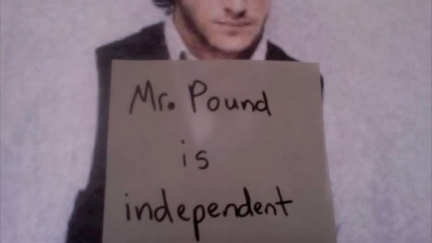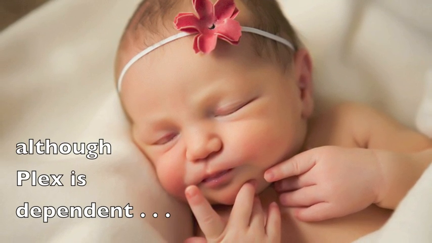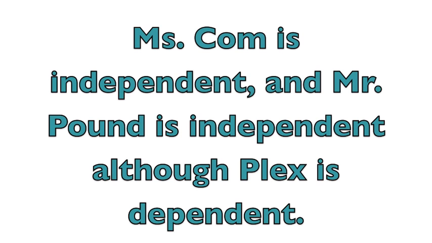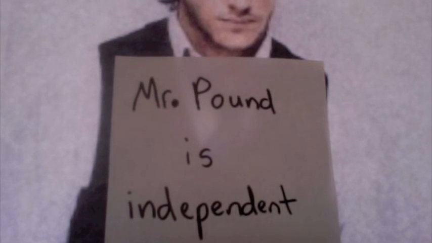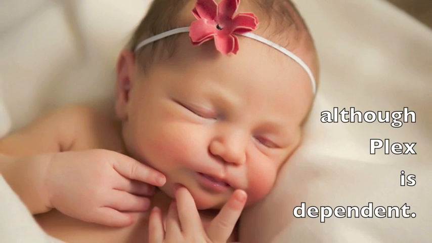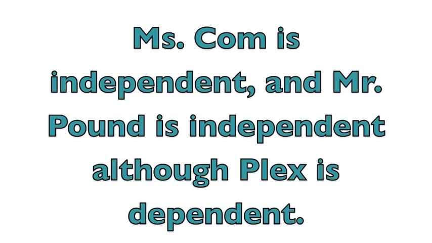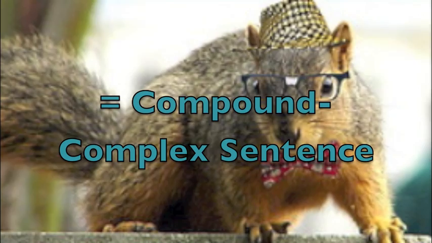If you add the dependent clause, although Plex is dependent, you have made a compound complex sentence. Once again, an example of a compound complex sentence is Miss Comb is independent and Mr. Pound is independent, although Plex is dependent. You see, two independent clauses and a dependent clause makes a compound complex sentence.